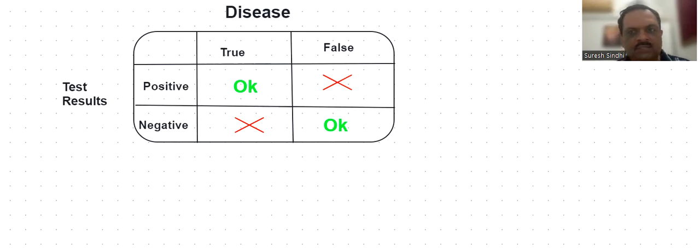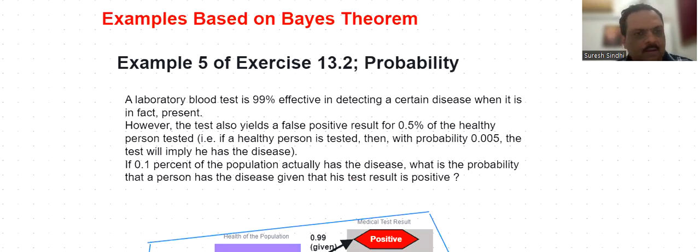Now, going back to this example, if you have understood this concept, then we can easily solve this example. Okay, so let me go back to this example again. It is saying that the laboratory blood test is 99% effective in detecting a certain disease when it is in fact present. That means this is a case of true positive.